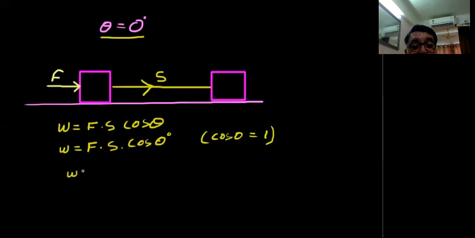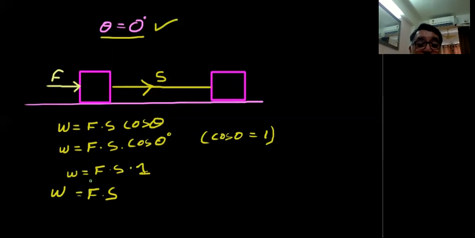So work equals F into S multiplied by 1, which is equal to F into S. So if the direction of the displacement and the direction of the force are exactly the same, theta equals 0, and work done equals F into S.